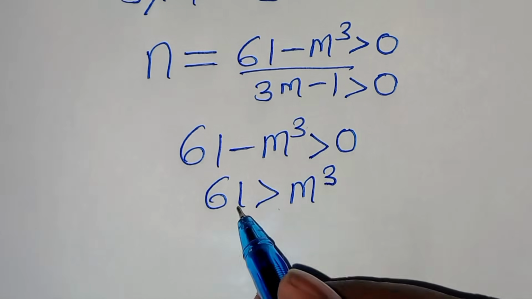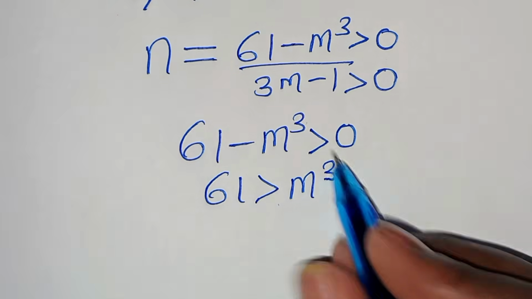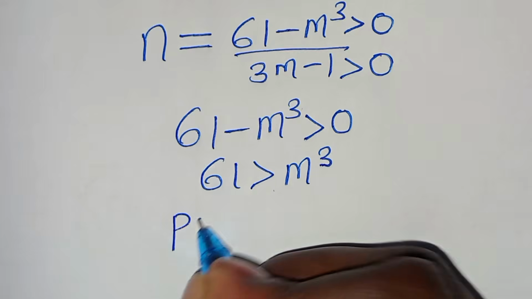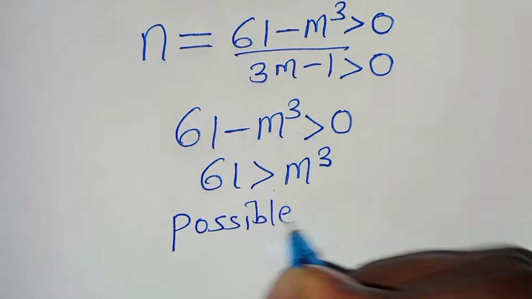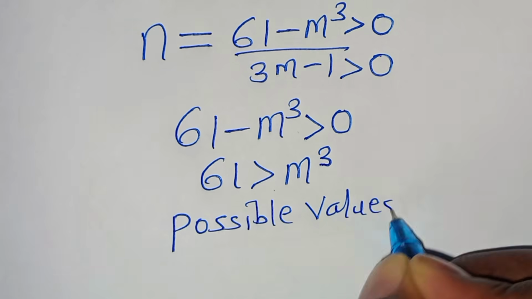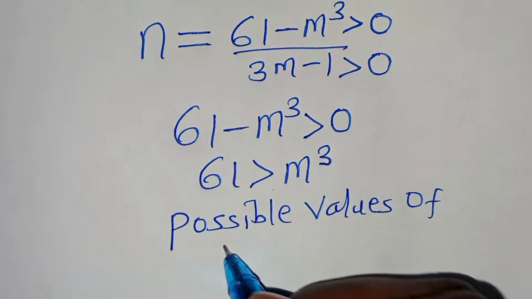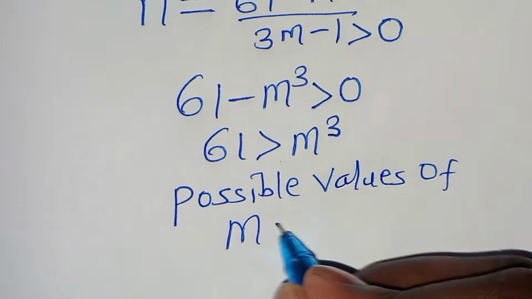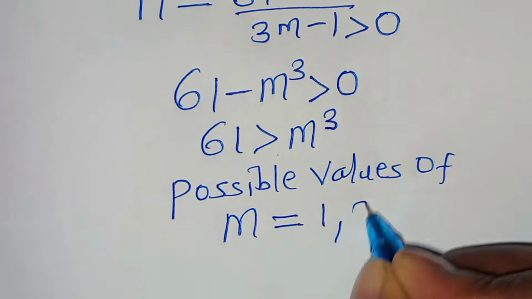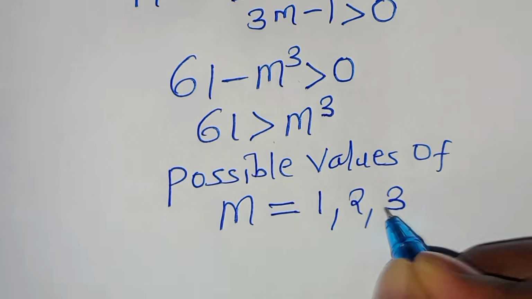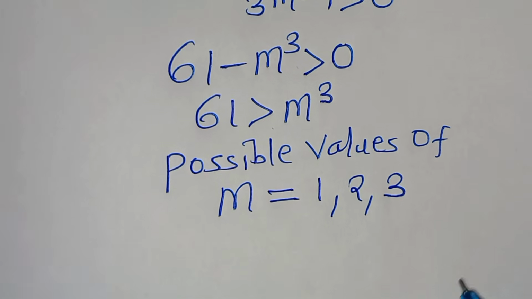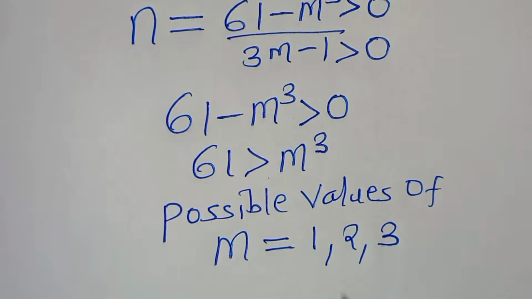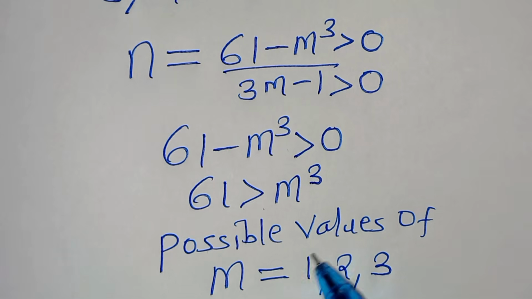So let's get the possible values of m that do not exceed 61. So these values of m, we have 1, 2, and 3. So let's determine the values of n by substituting the values of m: 1, 2, and 3.